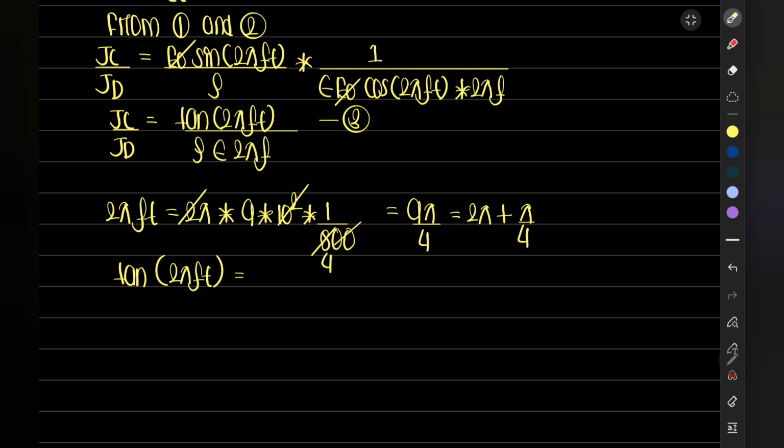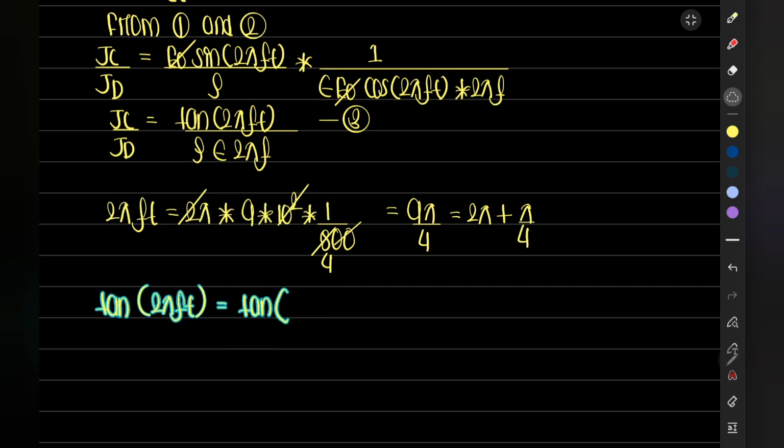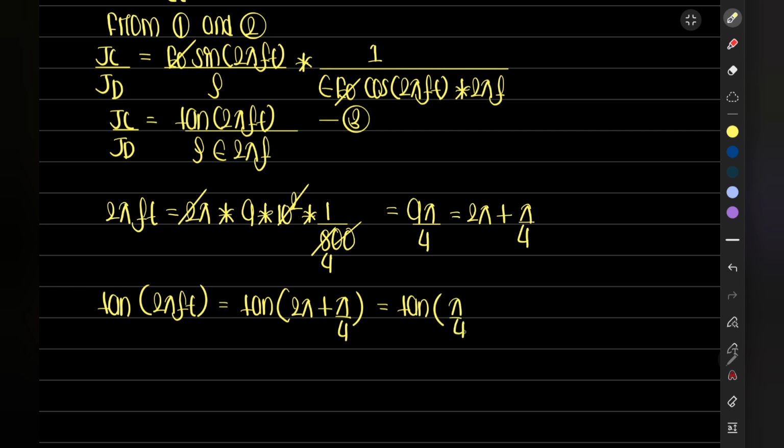So tan 2 pi ft will be equal to tan of 2 pi plus pi by 4. Now we know that tan of 2 pi plus theta is tan theta, so it will become tan pi by 4. Tan pi by 4 is 1, so we can replace tan 2 pi ft by simply 1.